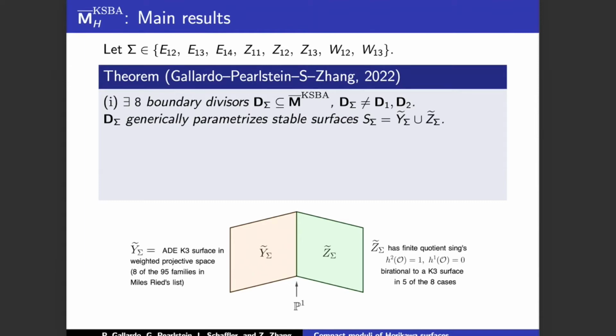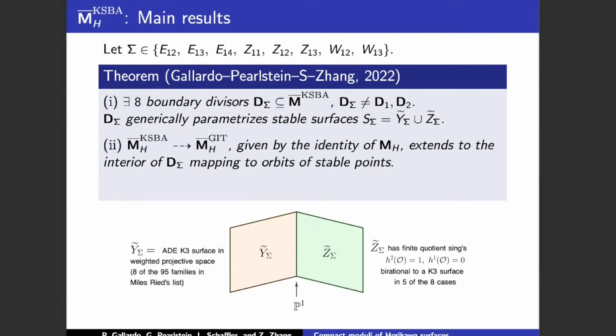Next is the relation with geometric invariant theory. So I'm referring to the compactification studied by David Wen in 2021. So what we have is a rational map that goes from KSBA to GIT, which is the identity in the interior of those compactifications. So recall that those compactifications compactify the same moduli space.